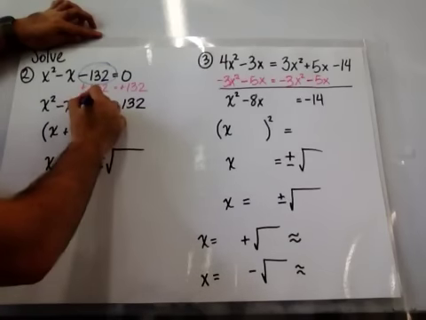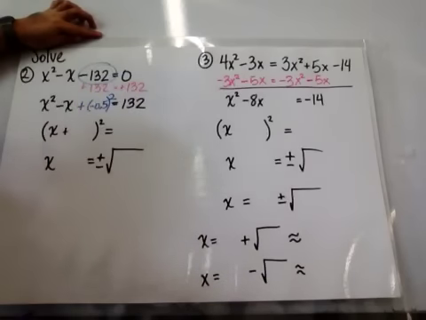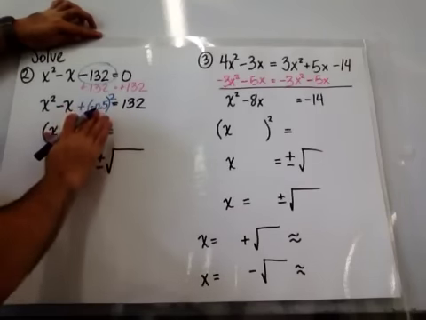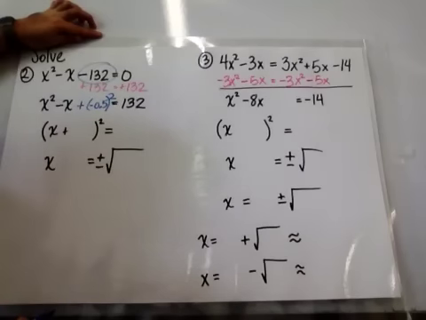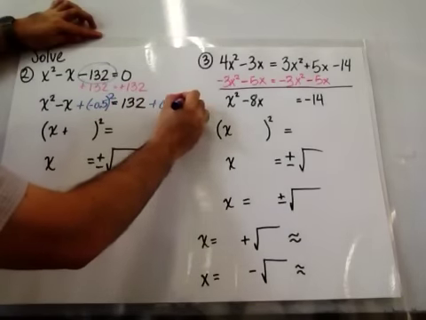So that would be plus negative 0.5 squared. And on the other side, we add the same thing. How much is negative 0.5 squared? It happens to be 0.25.